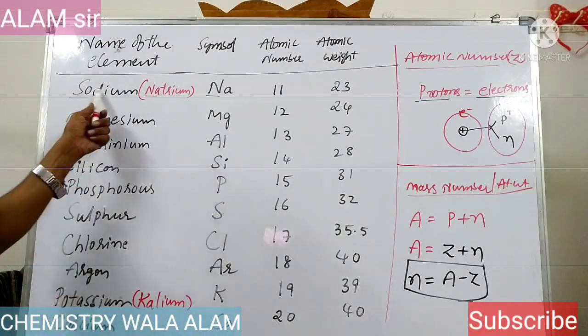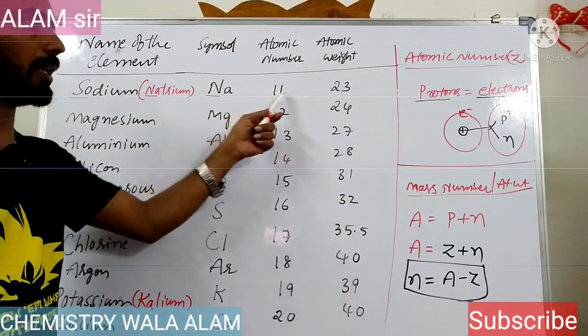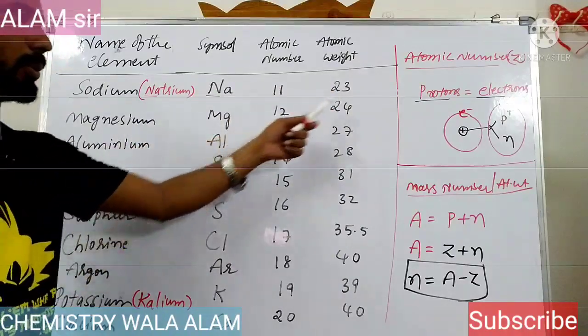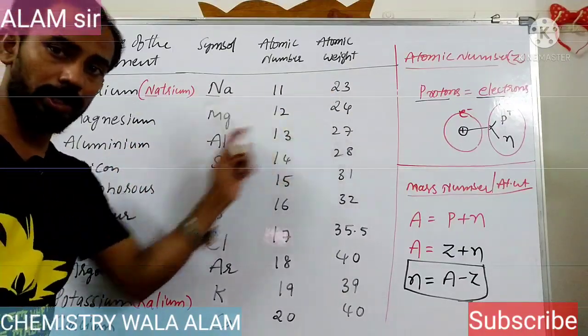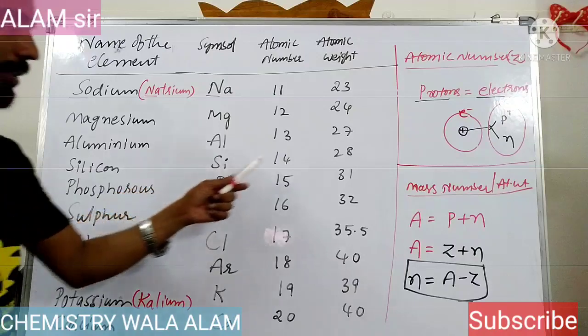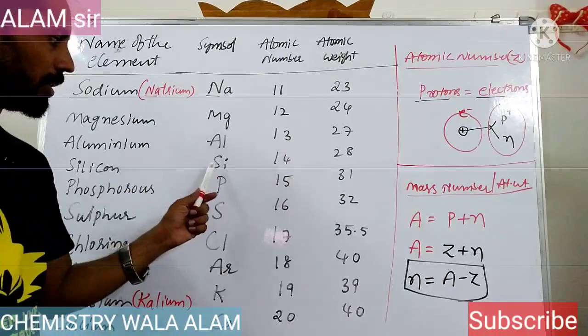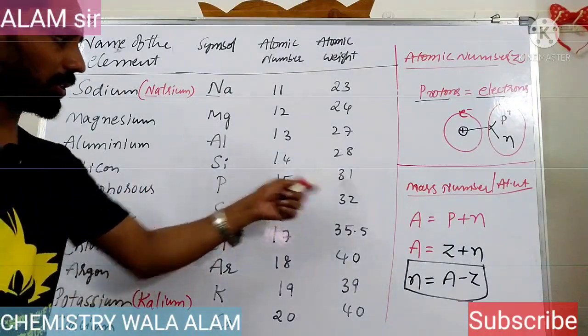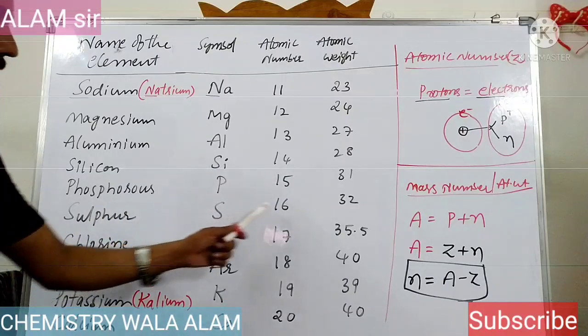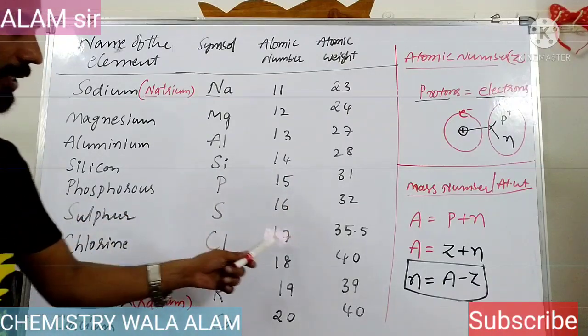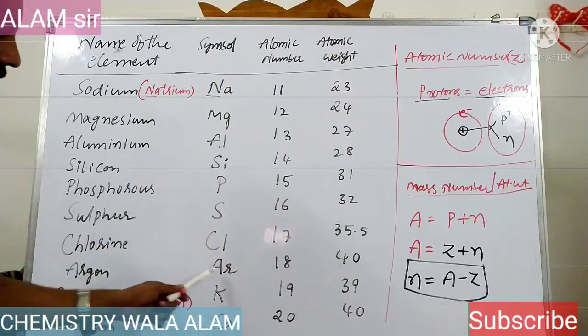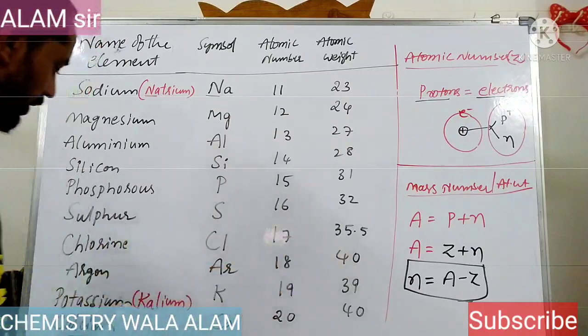Okay, sodium Latin name is natrium, Na 11, 23. Magnesium 12, 24. Aluminum 13, 27. Silicon 14, 28. Phosphorus P 15, 31. Sulfur 16, 32. Chlorine Cl 17, 35.5. Argon Ar 18, 40.